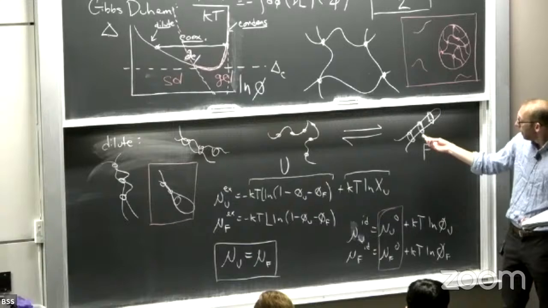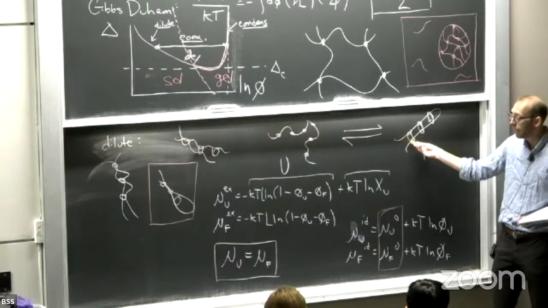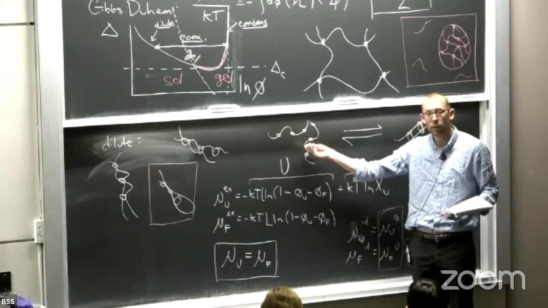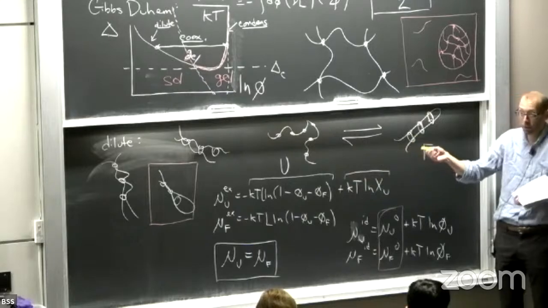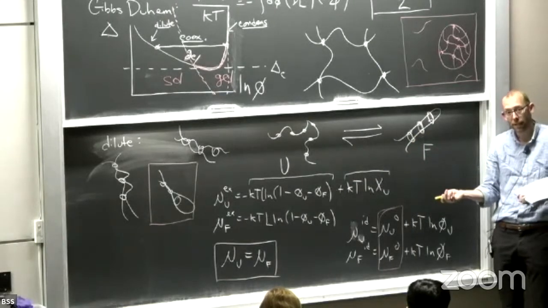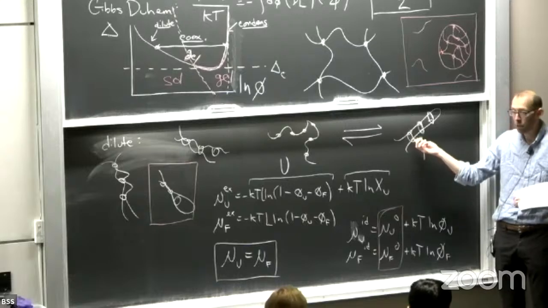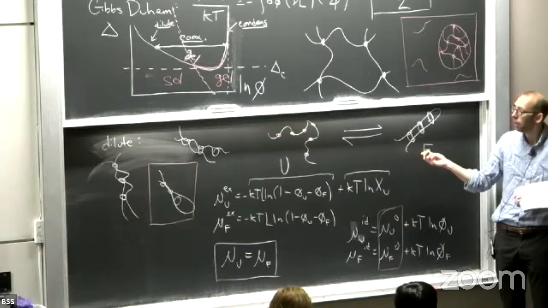Again, this state here is going to tend to compete with this one, but it's only this one that can phase separate. So the fact that you can form this intramolecular folding should oppose phase separation, and it should act to stabilize your dilute phase.